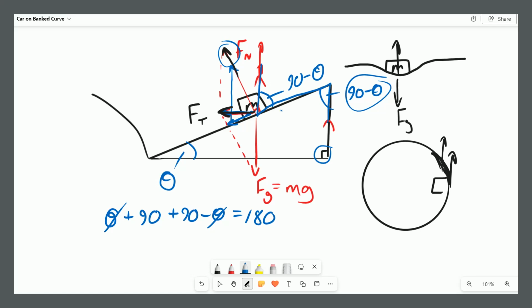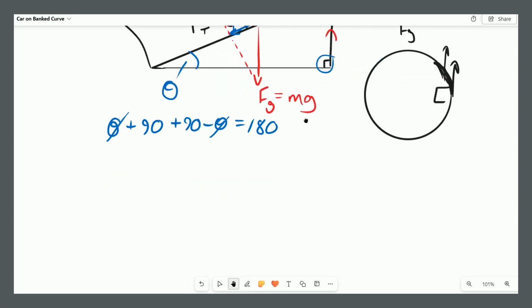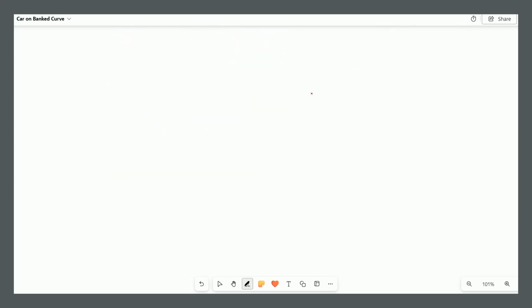And so if this is 90 degrees right here, and this is 90 minus theta, well then the rest of that 90 degree angle must be equal to theta. So the angle between the vertical component of the normal force and the normal force itself is also theta, and we're going to use that to make the following calculations.